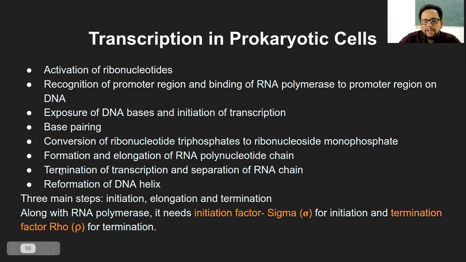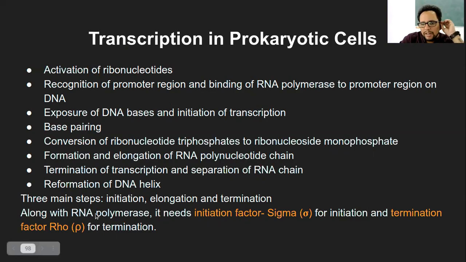And at the end, when the termination sequence or the stop codon, and then the terminator region, is recognized by this transcription assembly, it will stop the transcription process and separate the RNA chain from the DNA molecule.